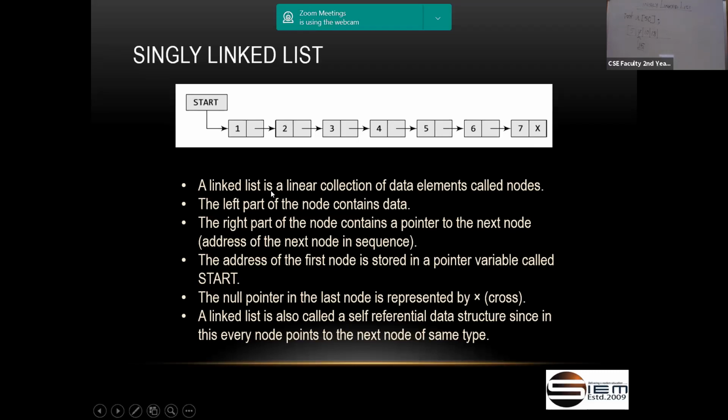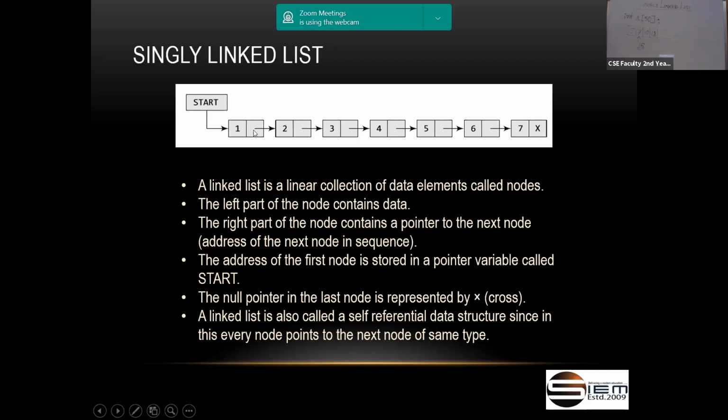So a linked list is a linear collection of data elements called nodes. Each one is called a node. You have to remember these terms; these are the basic terms. The left part of the node contains data. The right part of the node contains a pointer to the next node. Why a pointer?